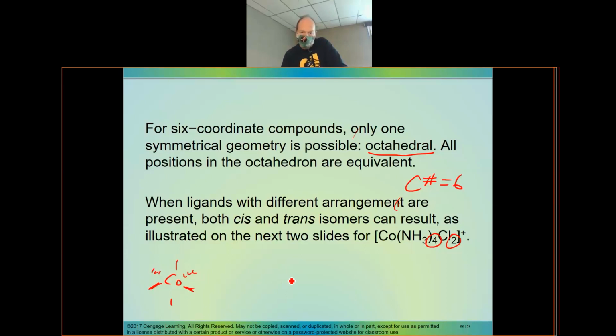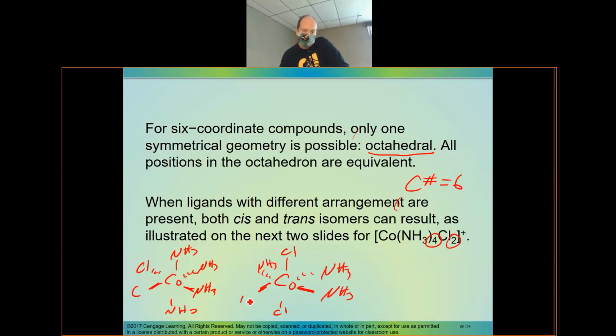And we can draw it 2 ways. One way is when you put your Cls 90 degrees away from one another, and then you have your NH3, your NH3, your NH3, your NH3. Or you could put your Cls 180 degrees away from one another, and you have your NH3, NH3, NH3, NH3.